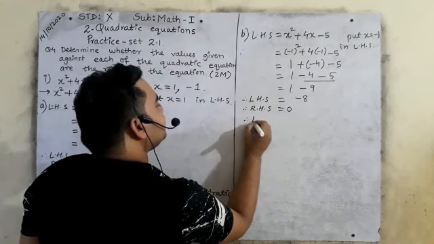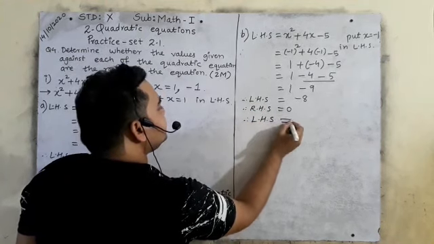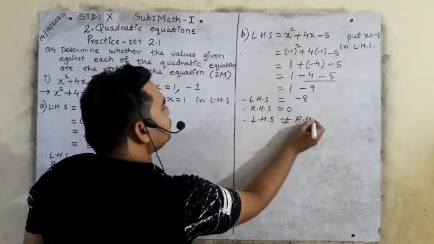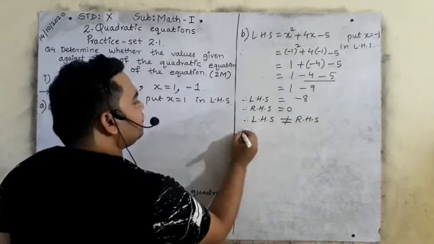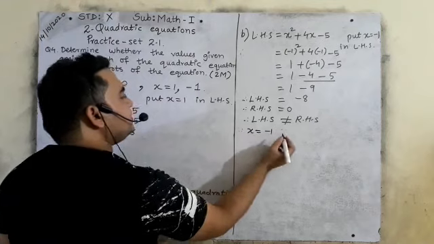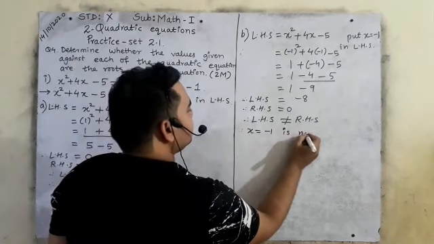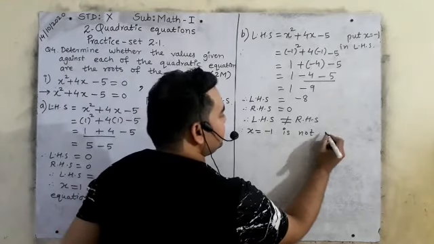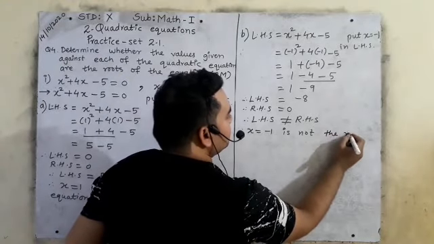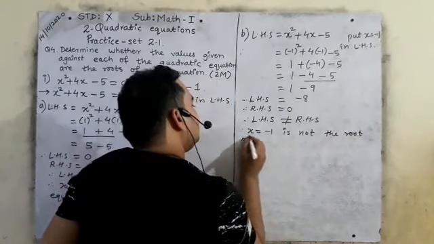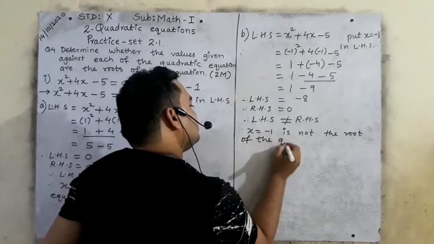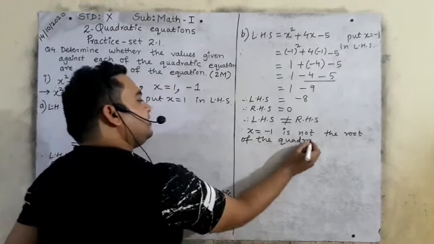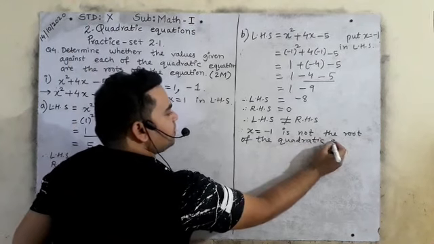So you will write therefore LHS is not equal to RHS. Therefore x is equal to -1 is not the root of the quadratic equation.